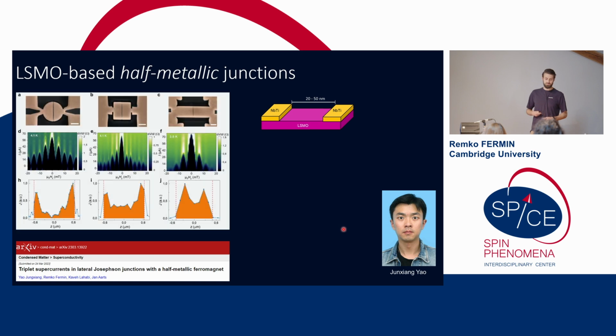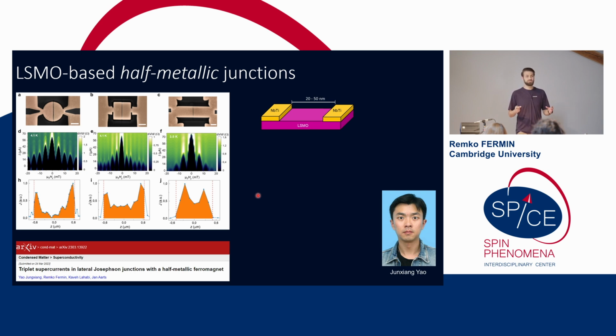So together with Yao, we made these devices that are either structured into a bar or in disks. And we see that in the case of a bar, there is still proximity effect. So the generator mechanism is different than in our cobalt disks. But we see that the critical current is distributed relatively uniform in the case of bars.